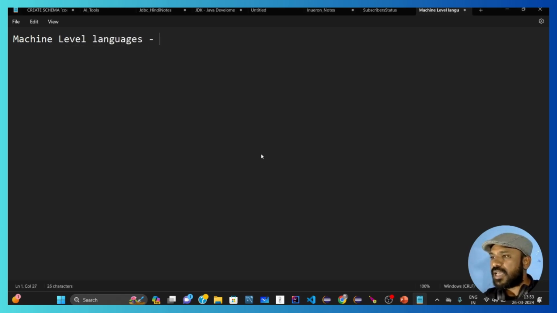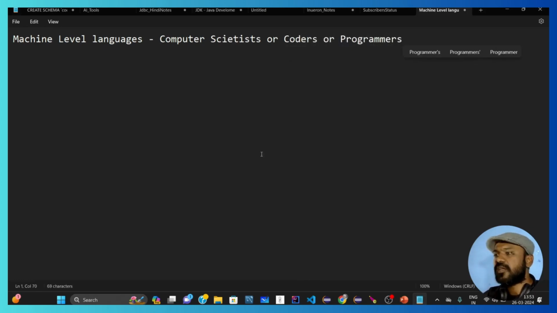In the initial days, as I said, computer scientists, coders, or programmers, depending upon their designation, wrote the code. This is just to get into the topic.